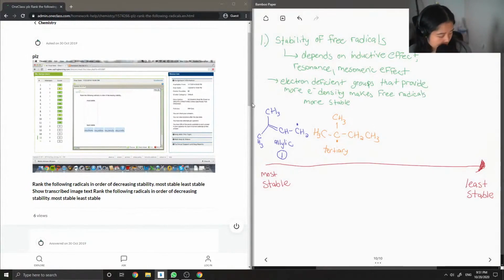And then, as you can guess, the secondary free radicals are next.